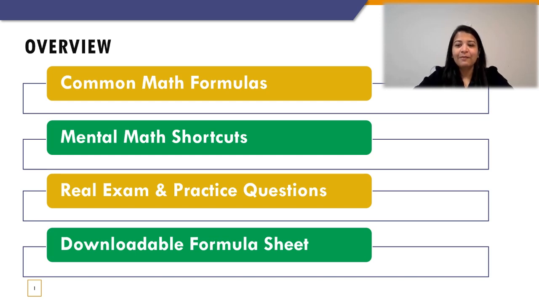So in this video, I'm going to talk, firstly, about the common math formulas that you should remember, the formulas that PMI loves to test on. Next, I'll be talking about those mental math shortcuts, which will be the tricks that we'll be using to practice on different practice questions. And then at the end, I'll be sharing the downloadable cheat sheet for you to remember all these mental math tricks and apply to your upcoming PMP exam.